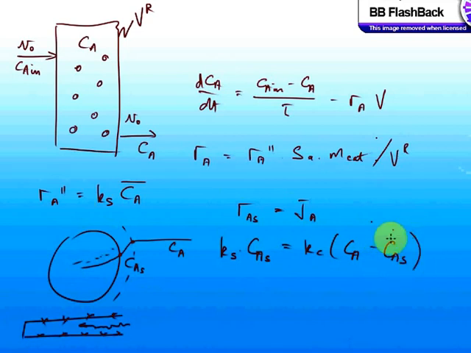Right, and that gives us an equation which we can use to solve for CAS. So we can say CAS is equal to Kc over Kc plus Ks times CA. If you just group out CAS, you'll get that expression. So this tells us how we can relate the concentration of A on the surface of that particle with the concentration of A in the bulk.